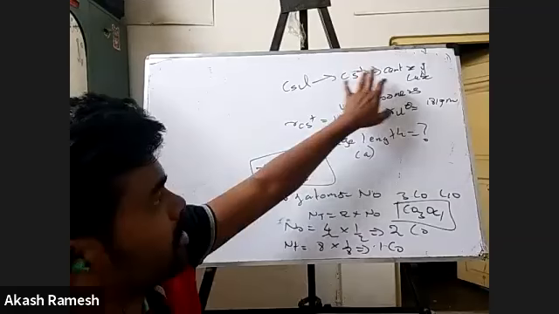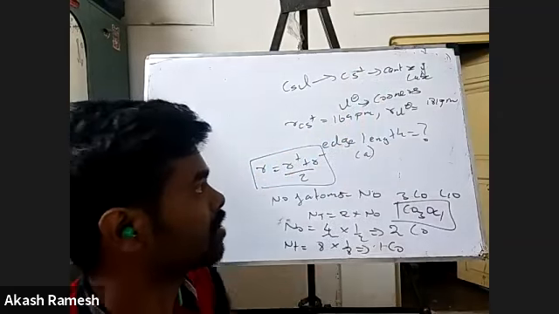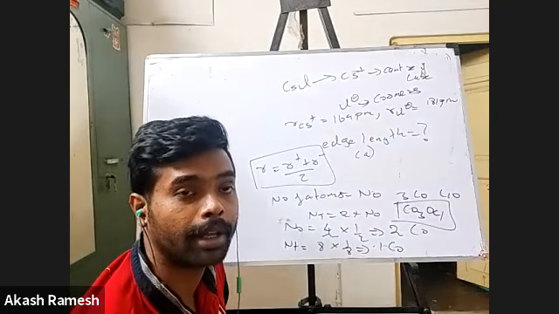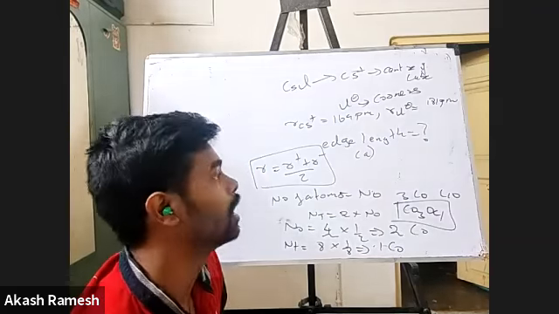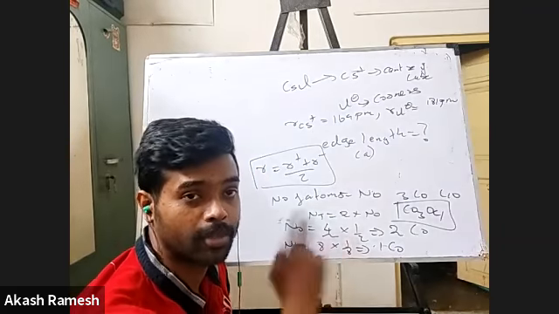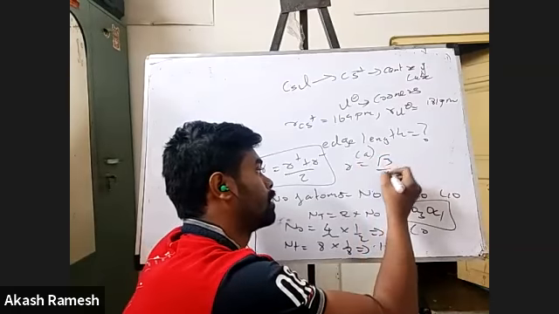BCC, isn't it? So they say that Cs+ is the center of the cube and Cl- is the corner. So you know this is definitely going to be a BCC lattice. So for BCC lattice, what is the relationship between a and r? r is equal to root 3 by 4 into a.